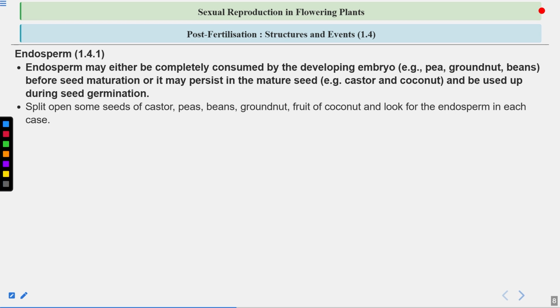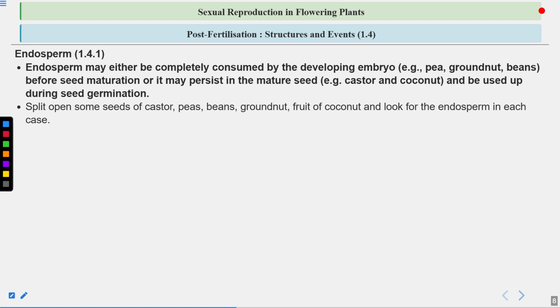That story we left. Now the fertilization has already taken place. There is a development of endosperm and a development of embryo, so there is no link of tapetum here.